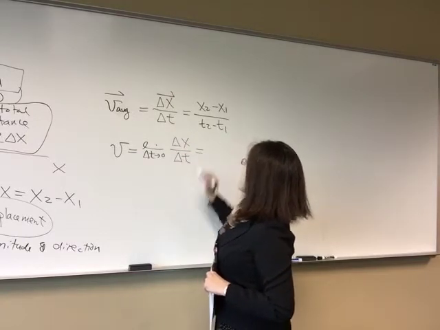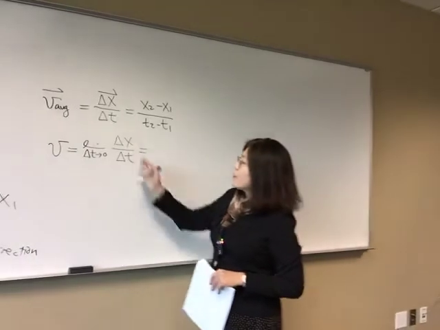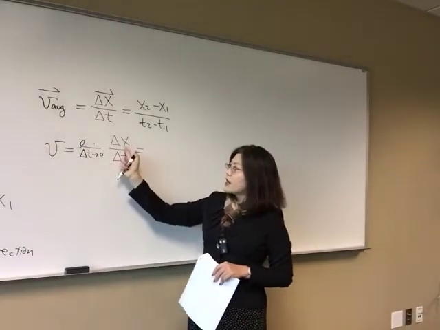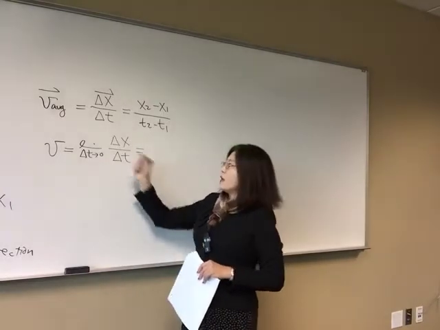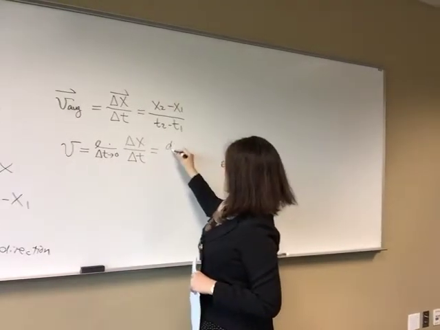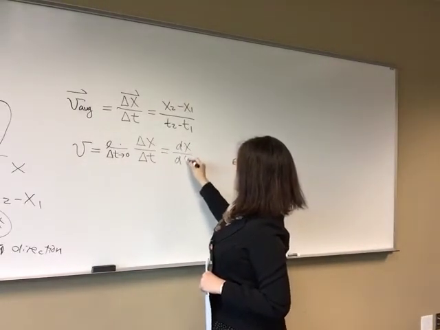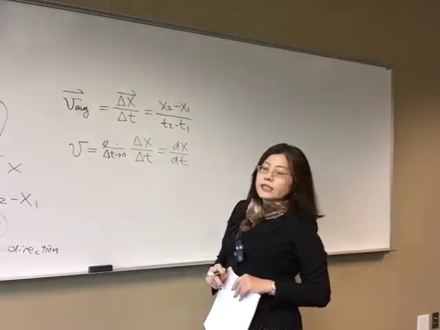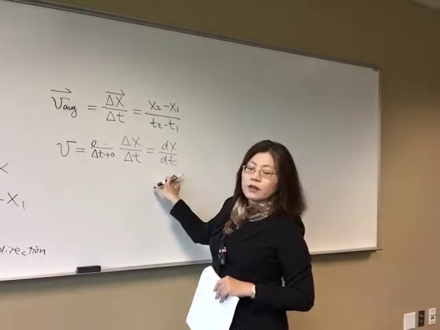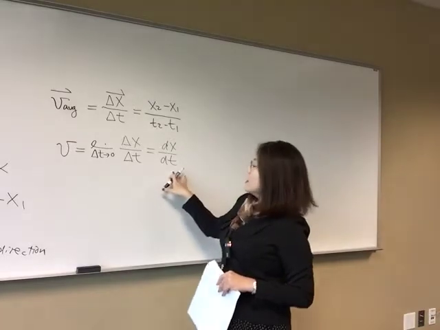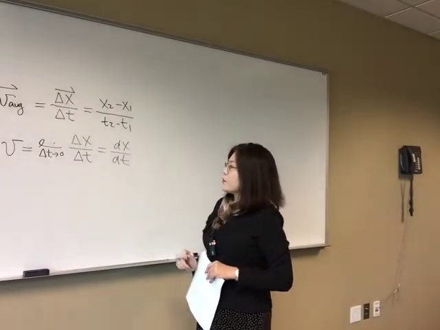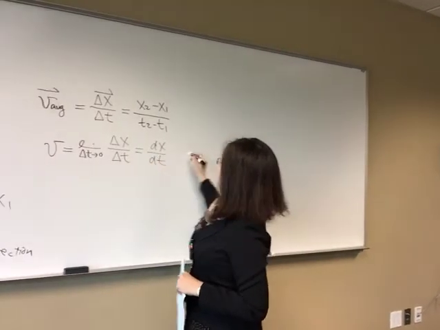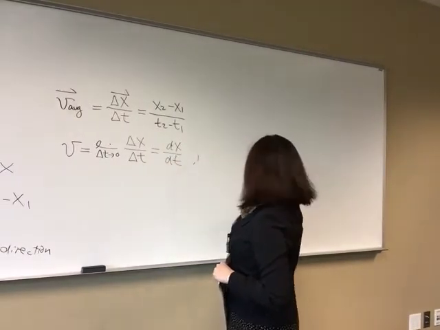Everyone who has learned calculus will know that when you have the expression delta x over delta t, and the deltas become very small, it becomes dx/dt. So your dx/dt is just the differentiation of the position with respect to time. This is what we call the instantaneous velocity.